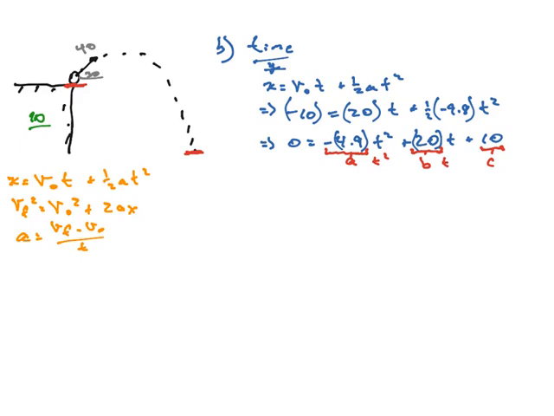And now all I have to do is use my quadratic formula, which says t will be equal to minus b plus or minus the square root of b squared minus 4 times a times c, all divided by 2a.